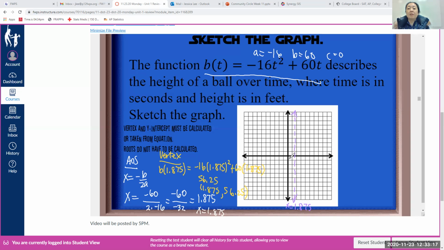Okay, so if we look right here, I'm going to make this into, let's do that. So these are going by 1, 2, 3. I'm not going to be able to go up by ones on this one, so I'm going to go up by, let's go up by 5. 5, 10, 15, 20, 25, 30.